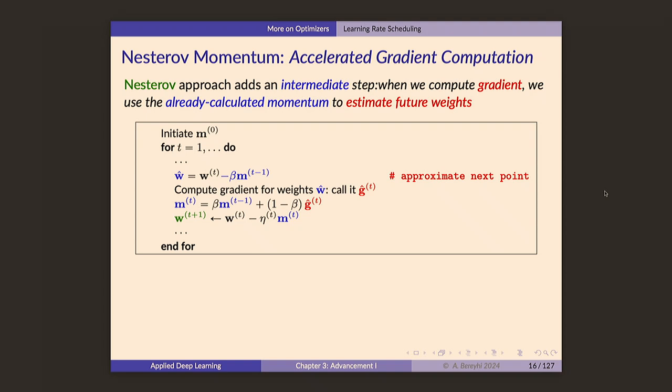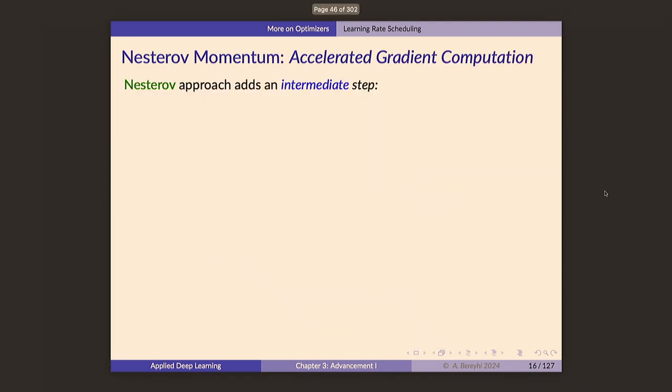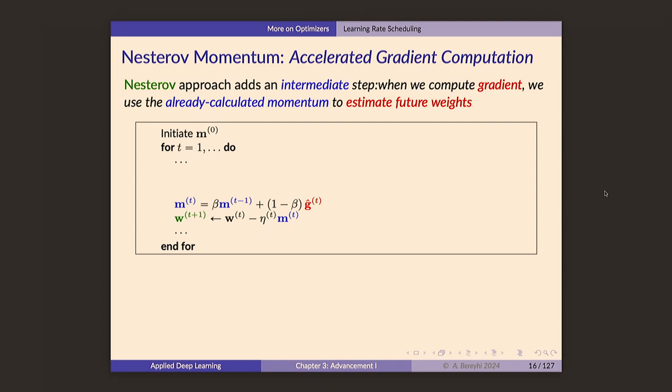So once again, in the basic momentum approach, my momentum is my previous momentum times beta plus my gradient times 1 minus beta. But before I compute the new gradient, I can already move in the direction of my previous momentum, halfway toward it, because I know that at the end of the day I'm going to move in the direction of m t minus 1 averaged with my new gradient.